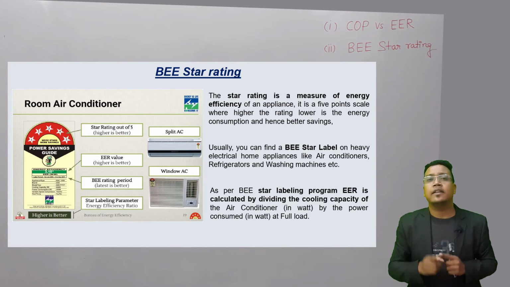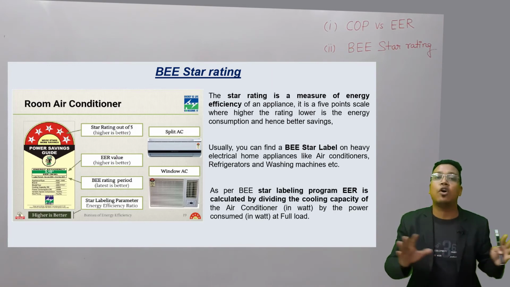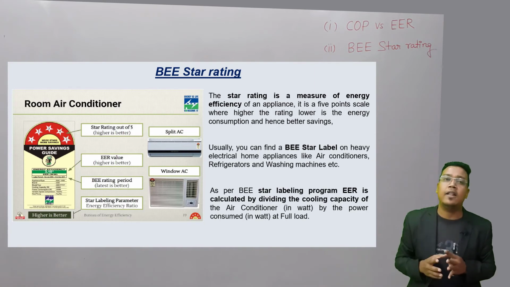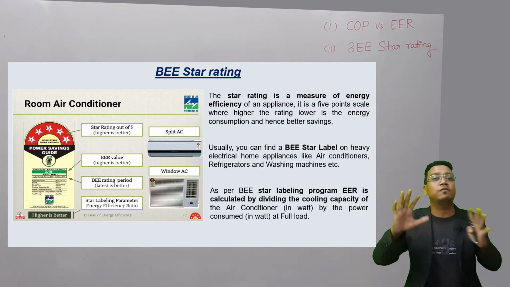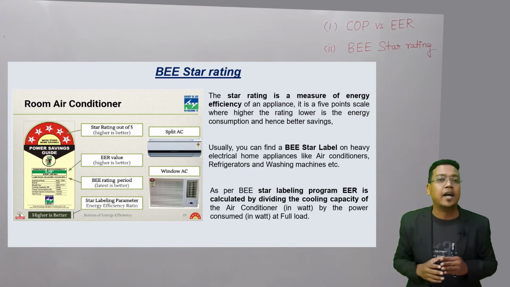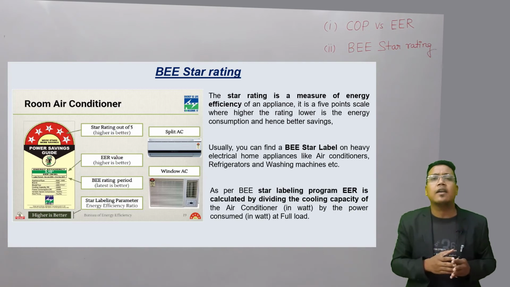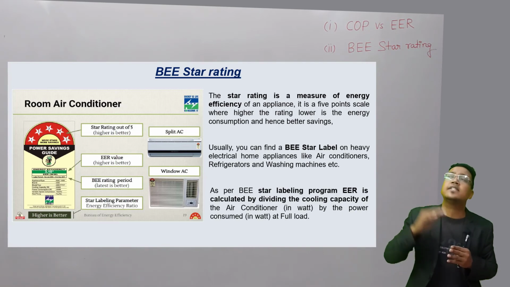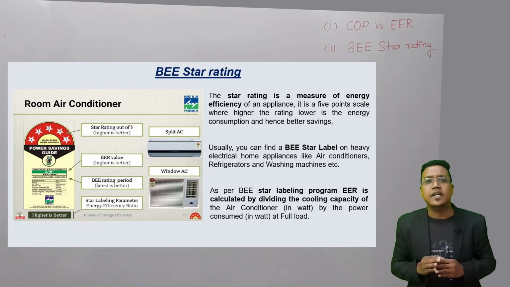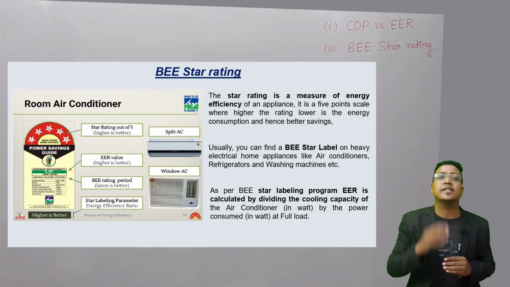In that case, the star rating helps. A person who doesn't have knowledge of COP or EER can easily tell that this appliance has 5 star or 4 star. If it is 5 star, it means energy savings are more. If it is 4 star, it has less energy saving than 5 star. Understood? Because of this reason, star labeling is done on appliances.